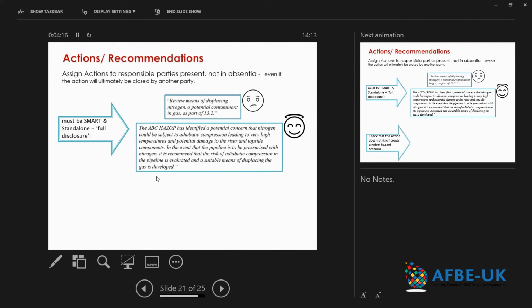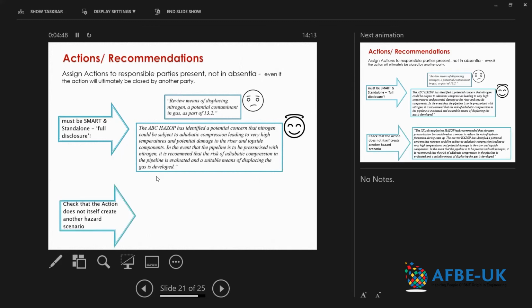In the event that the pipeline is pressurized with nitrogen, it's recommended that the risk of adiabatic compression in the pipeline is evaluated, and a suitable means of displacing the gas. So if I didn't attend that HAZOP, or even if I attended it a year ago, and I now saw this action, I think I'm fairly comfortable to understand what's required of me to close out that action. That's one thing to keep an eye on when we are framing HAZOP actions.